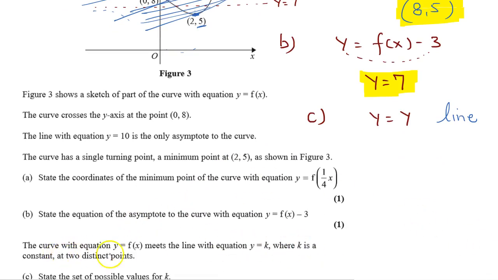So where k is a constant at 2, state the possible values of k. So k must be greater than 5 and less than 10. That is a possibility. Otherwise it will not cross at 2 points. It will cross at 1 point only.